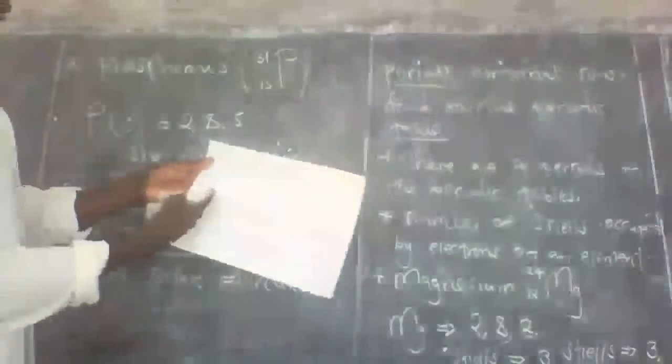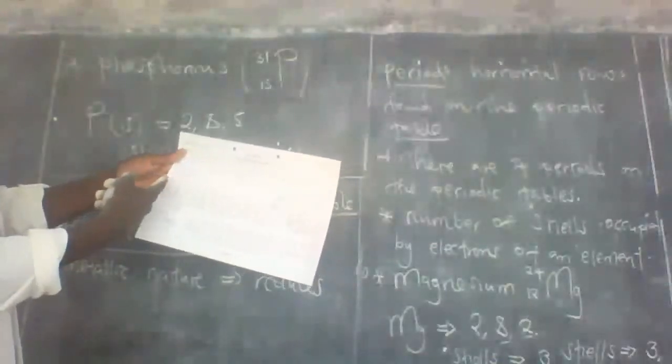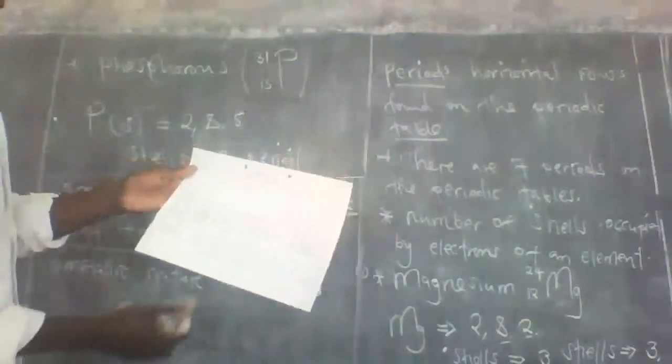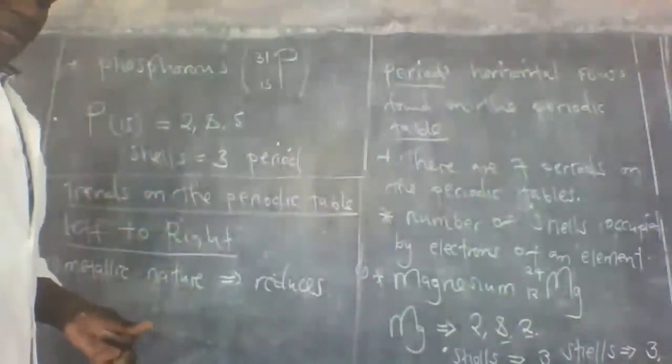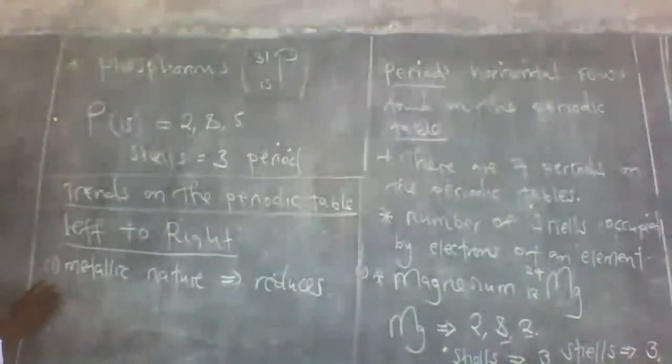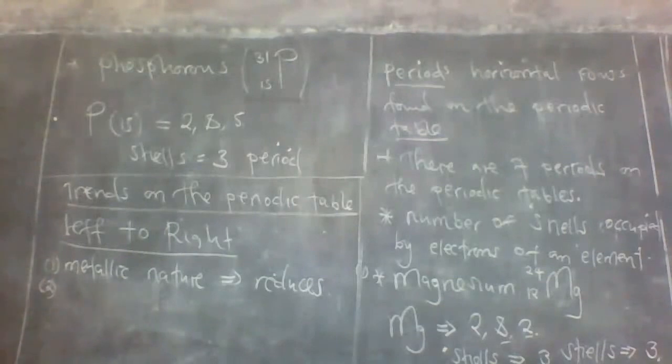The reason is very simple, because we've got metals on the left. Then as you move from the left going to the right, what you find on the right are nonmetals. That is number one.